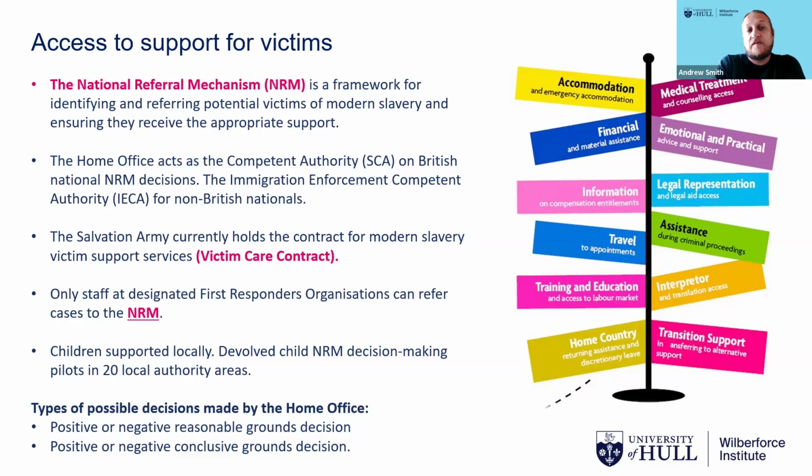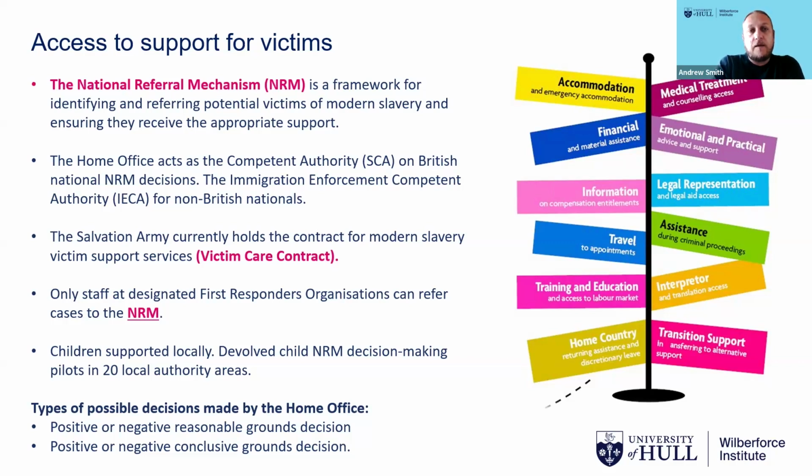And the Home Office has 5 days to decide whether they think there are reasonable grounds, if there's reasonable evidence to suggest that that person is a victim of trafficking or some form of exploitation.